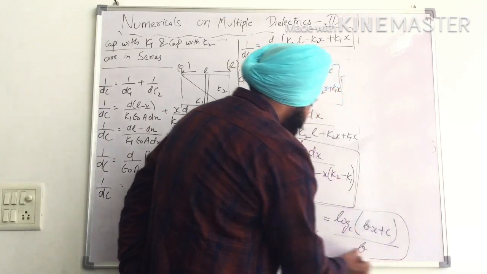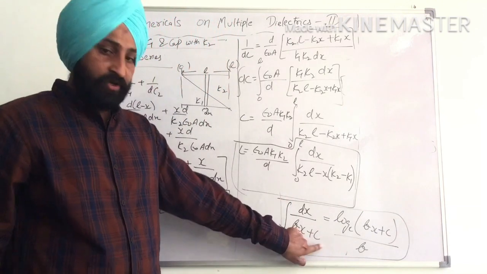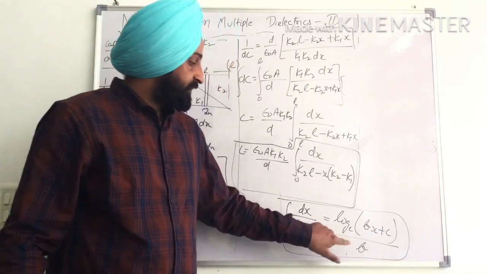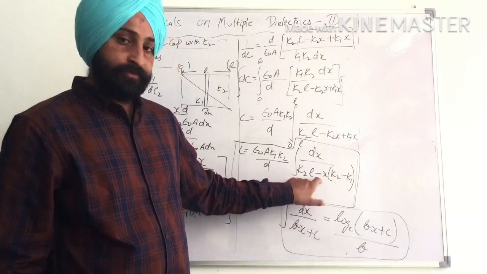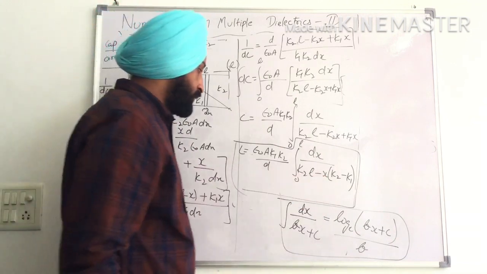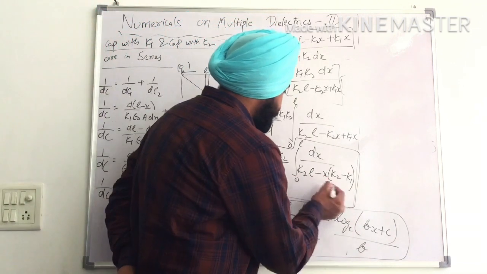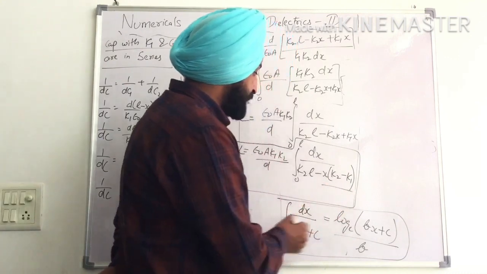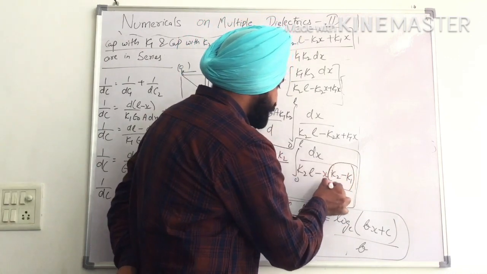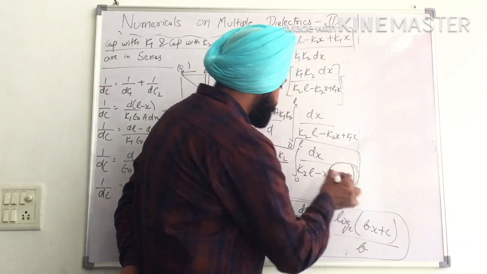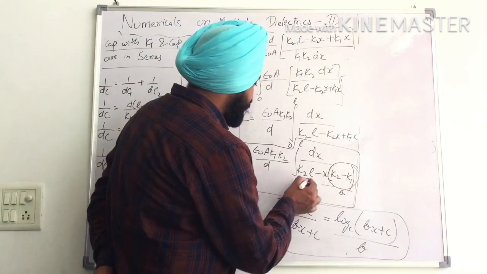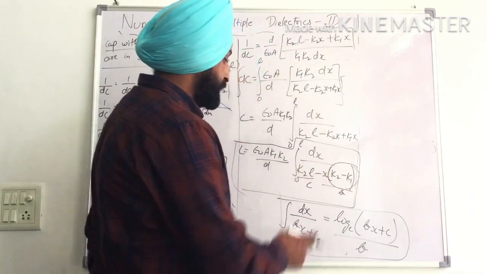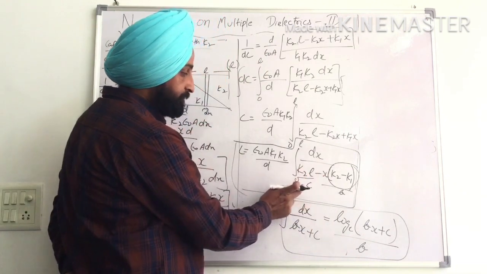So this is the formula of integration that we will be using over here. Fine. So here I will be considering this value as bx and this as b. This will be considered as b, and this entire value will be considered as c. So it is bx plus c.